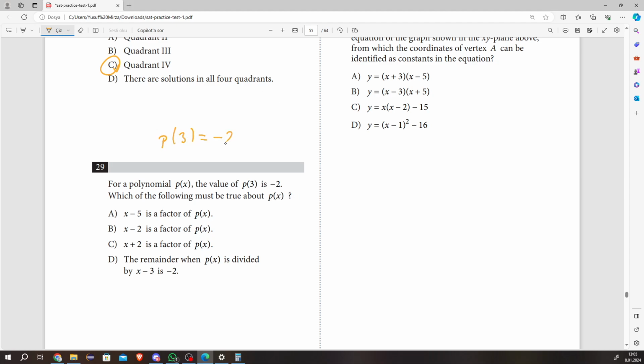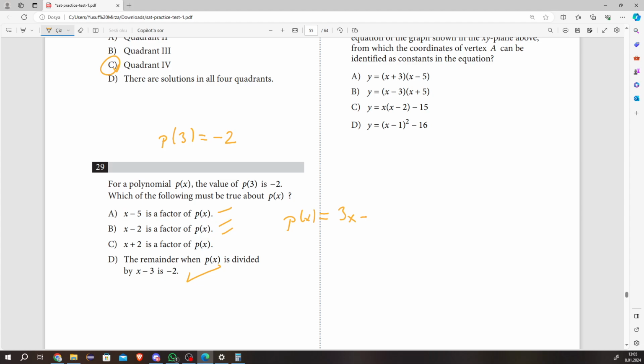P2 equals 2 minus 2, okay. Yeah, it's simply this. For example, let's make it easy. Let's say something easy. So we are seeking it. It's not a factor of this.